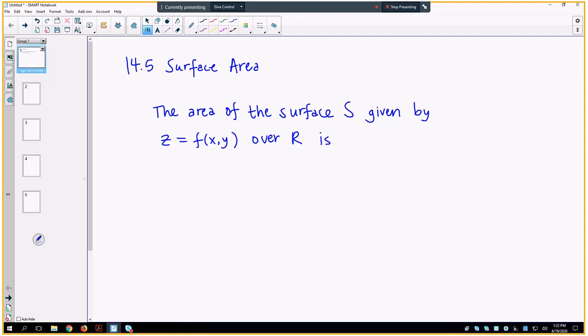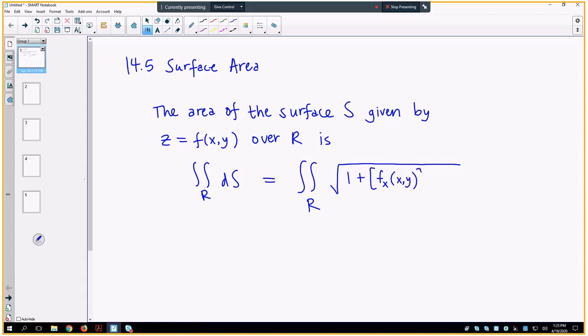The formula then is going to be integration over R dS is equal to integration over R, the square root of 1 plus the first partial with respect to x, function of x and y, that squared, plus the first partial with respect to y, function of x and y, that squared, dA.